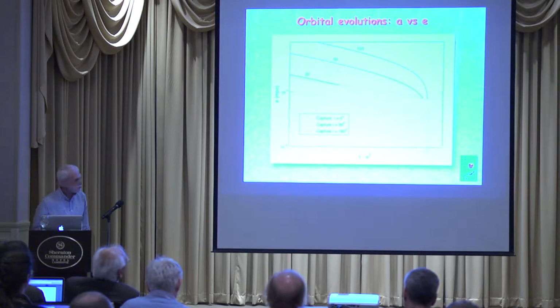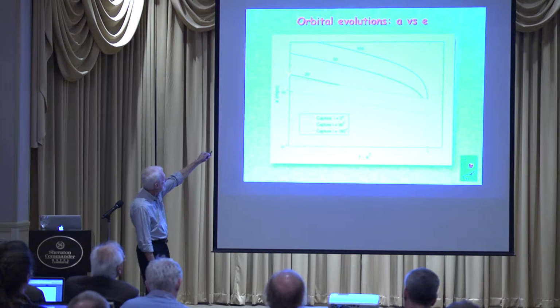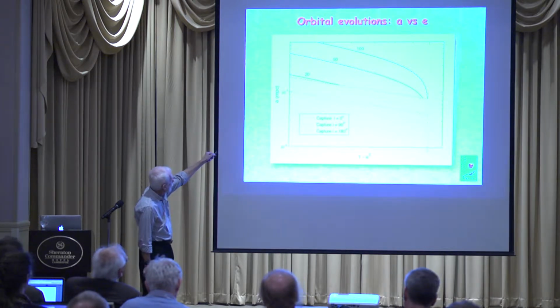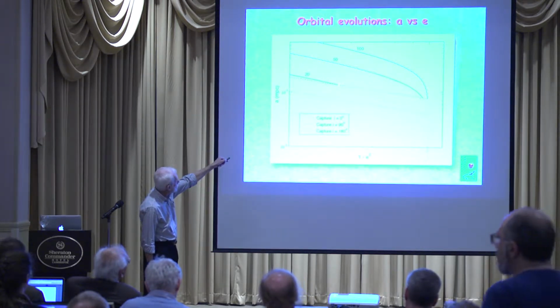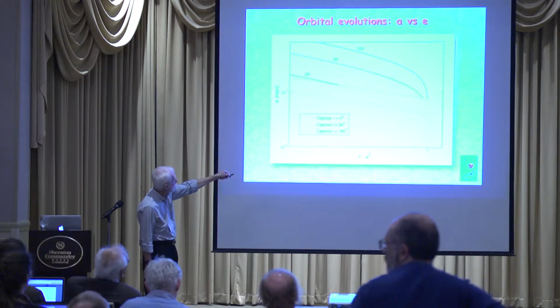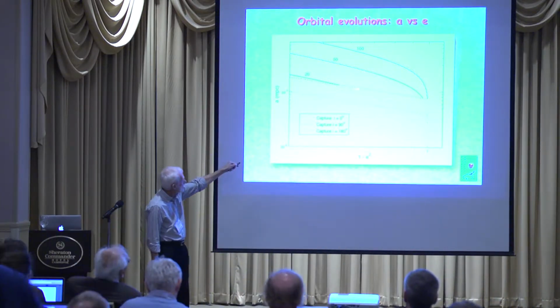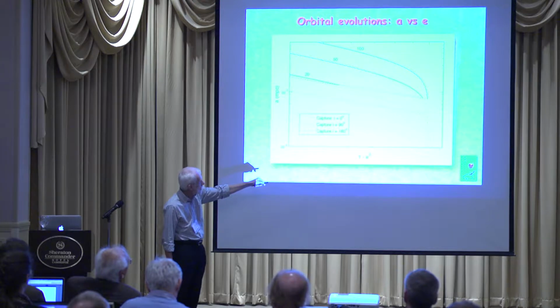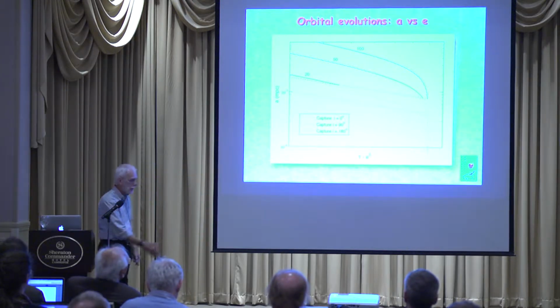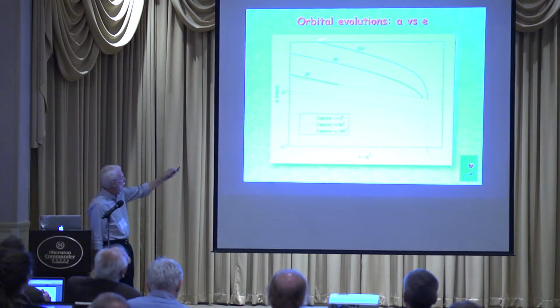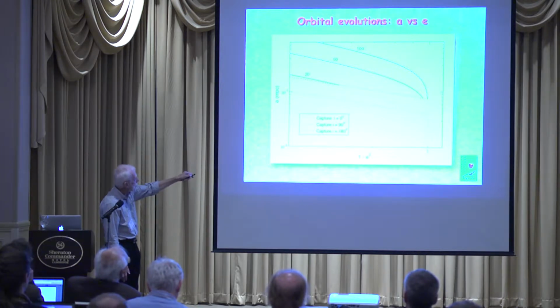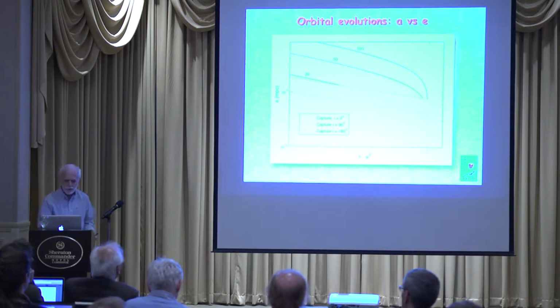And I'll blow up that last part so you can see the differences between a retrograde orbit, say here, that reaches this point and is captured, and notice that the eccentricity is quite substantial. The prograde orbit gets much closer to the black hole and is finally captured. It's much more circularized than the retrograde orbit. So you can see the small differences that really just build up as the system gets more and more relativistic.